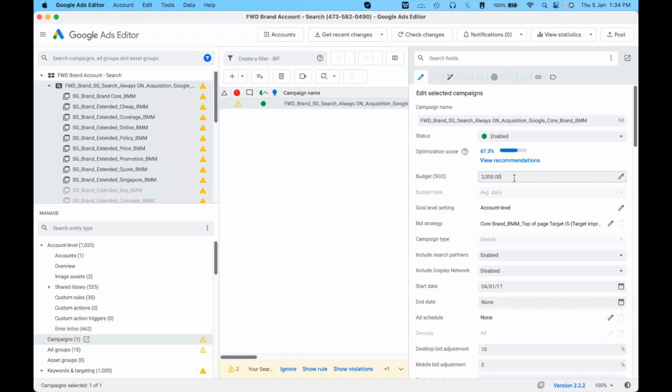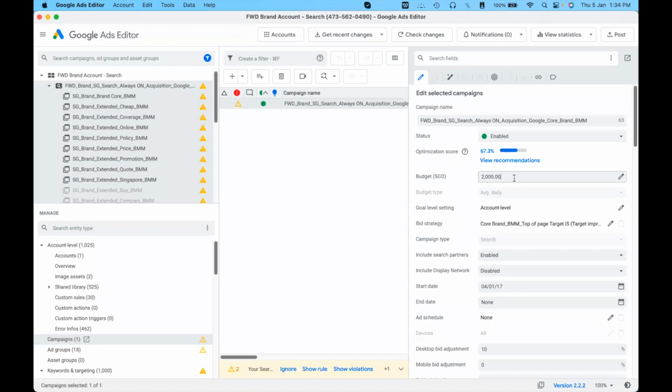Today it may spend $10, tomorrow $30, the next day $100. It may not spend evenly, but over the whole 30 days it will try to match the $2,000 spend. But if you want it to spend consistently, every day it should spend this much.